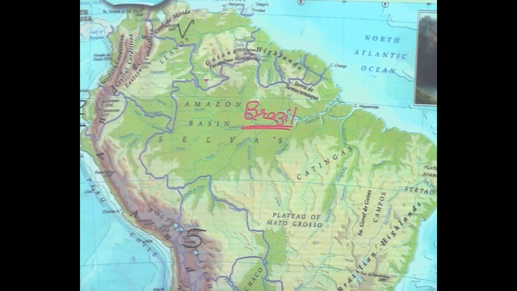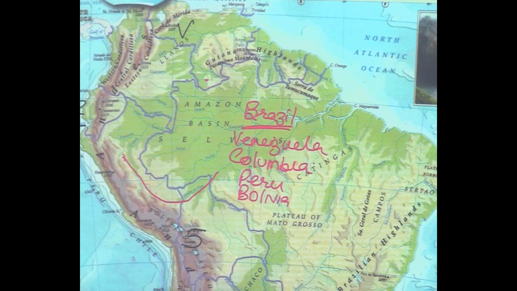But which are the other countries where we have its extension? It is Venezuela, it is Colombia, it is Peru, and I hope you are noticing the Amazon tributary, Bolivia, Colombia, Venezuela, and of course Brazil.